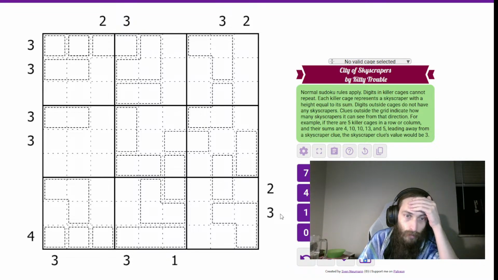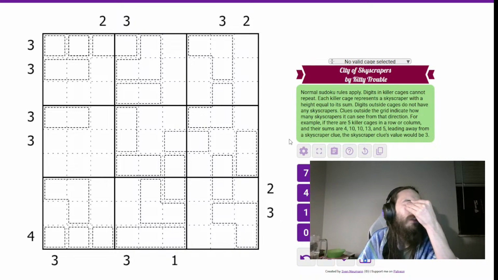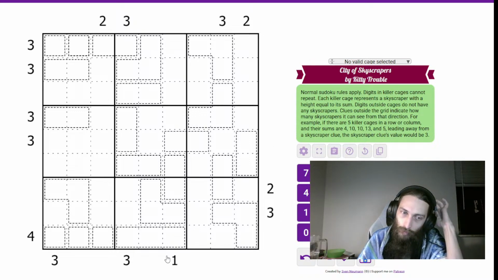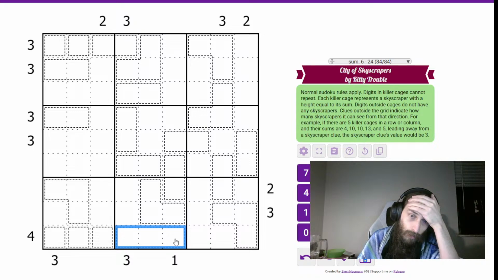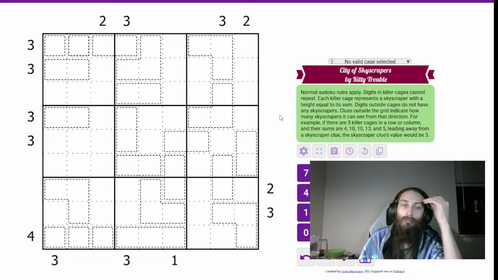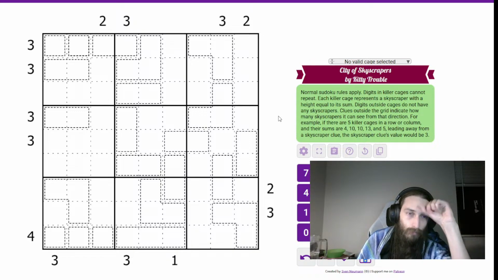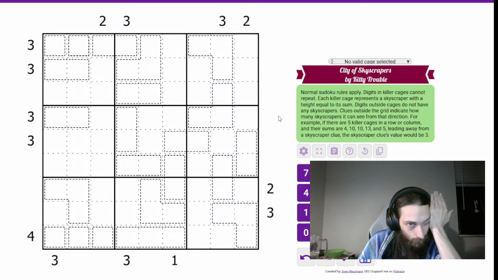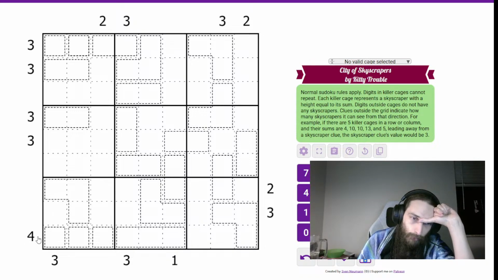Alright. I guess begin. We see this 1 here means this has to be larger than all 3 of those cages. But then it's smaller than at least 2 of those. This sees 4.